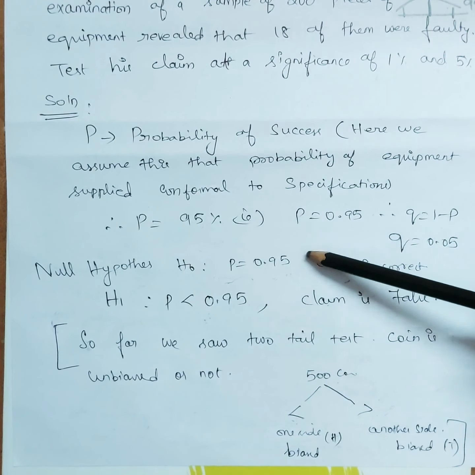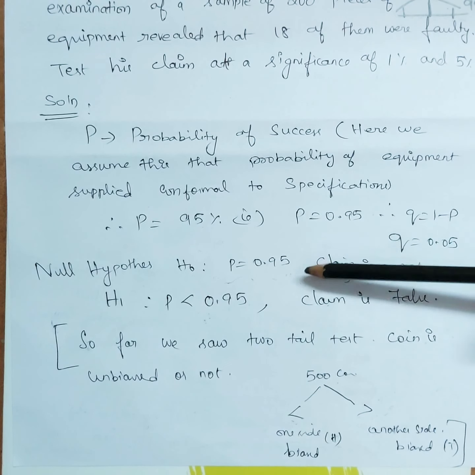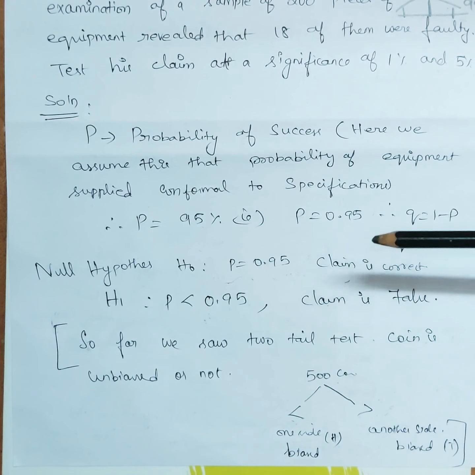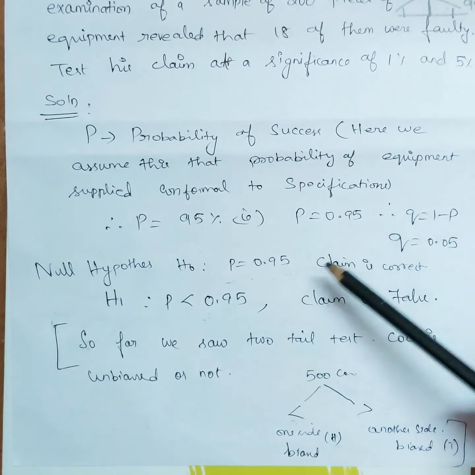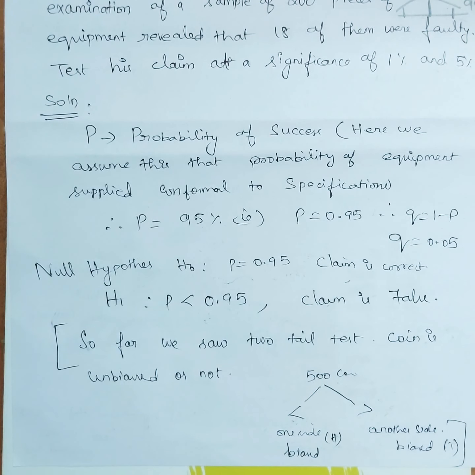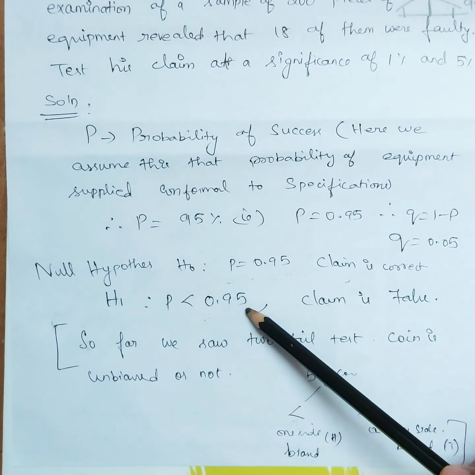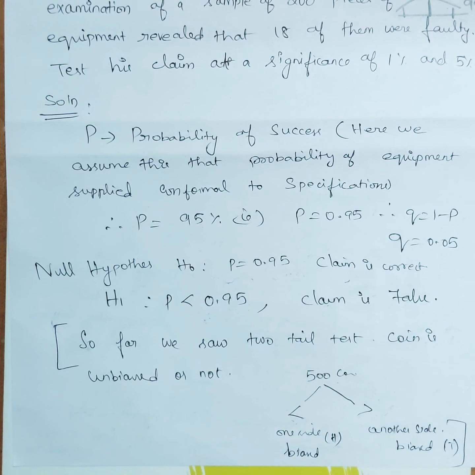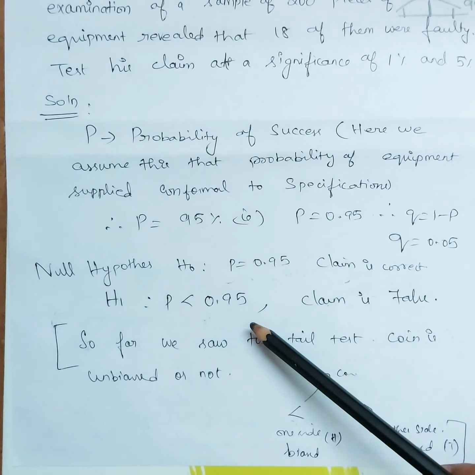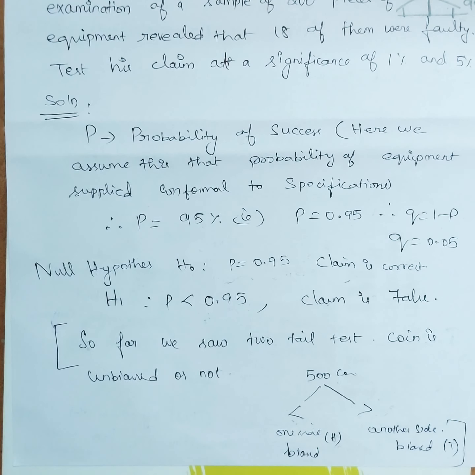Then in that case, his claim is correct only. This fellow said that 95% of the equipment conformed. So 95, 96, 97, 98, 99, even 100% also. In that case, his claim is going to be correct. So we have to check whether his claim is correct or not. So in that case, if it's less than 0.95, then his claim is false. So we are checking on only one side. So this we call a one tail test.